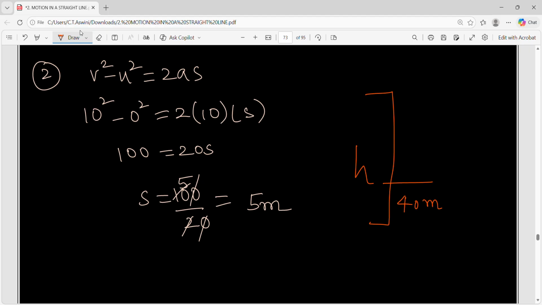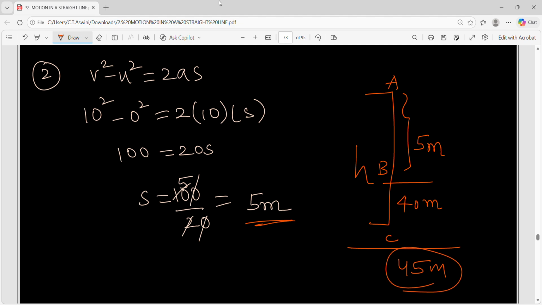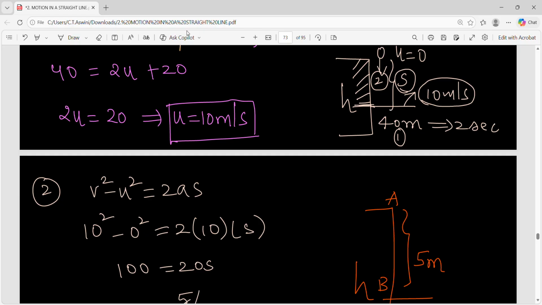In the last 2 seconds it was 40 meters. If I denote the points as A, B, C, BC was already given, and AB we have found to be 5 meters. So what is the total height of the tower now? 40 plus 5, it is 45 meters. Clear with this problem?